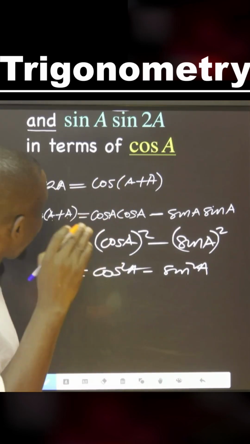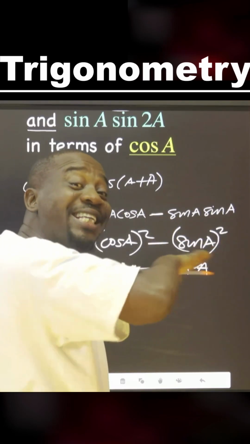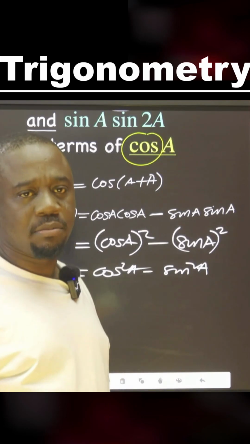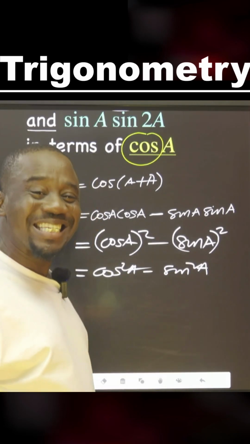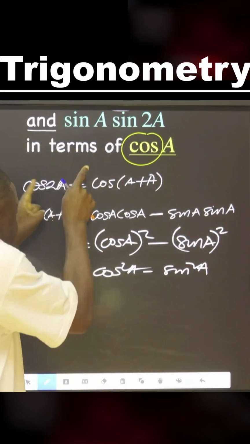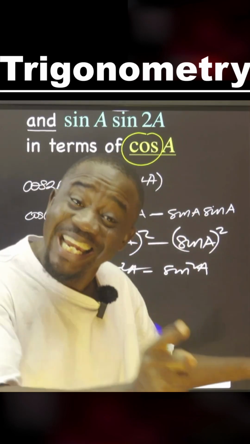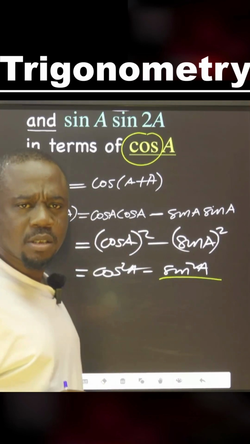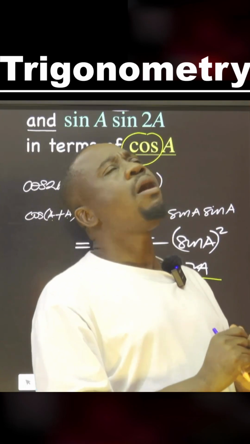Remember, the question says everything on the right hand side, we only want to see cos A. This is carrying sine. Sine needs to leave because this question did not say we should involve sine in this matter. So the next thing, how do we remove this sine squared A?